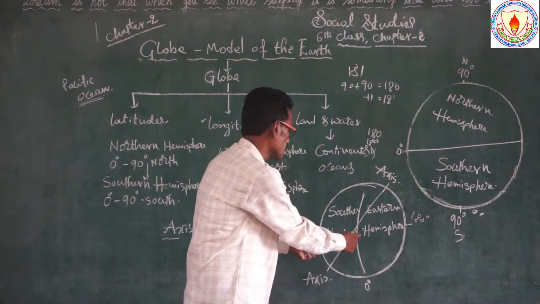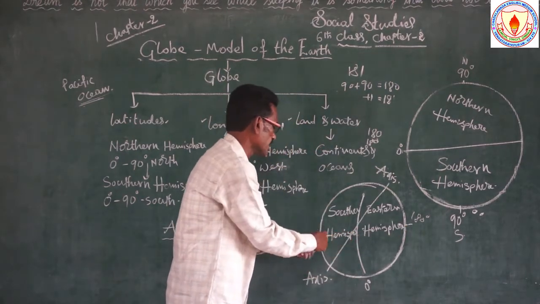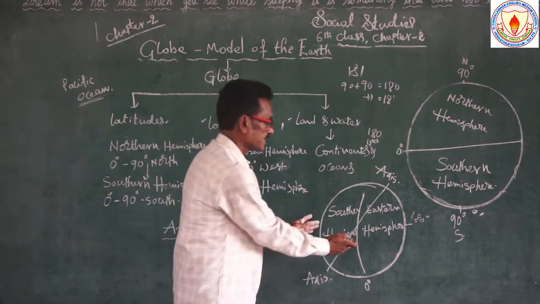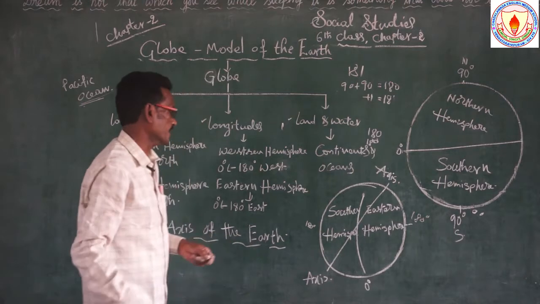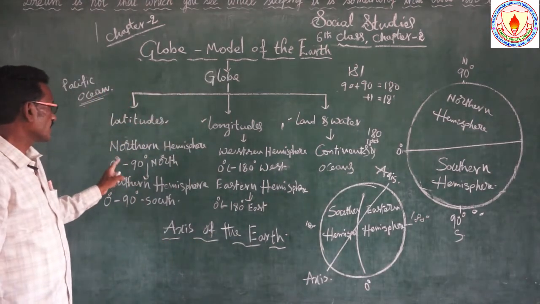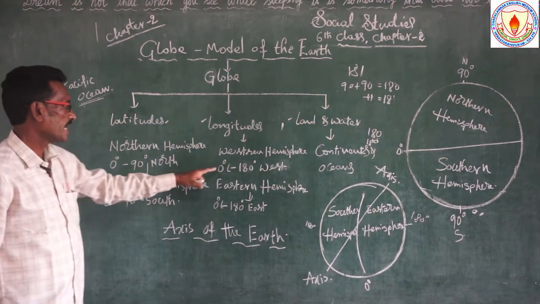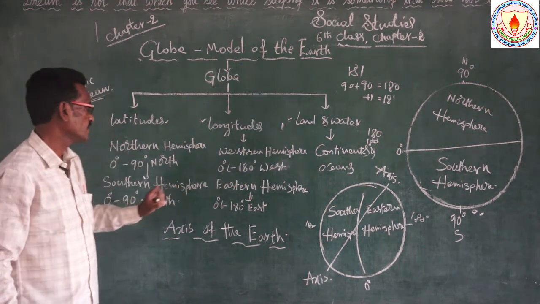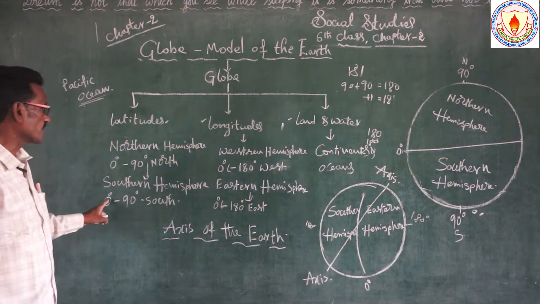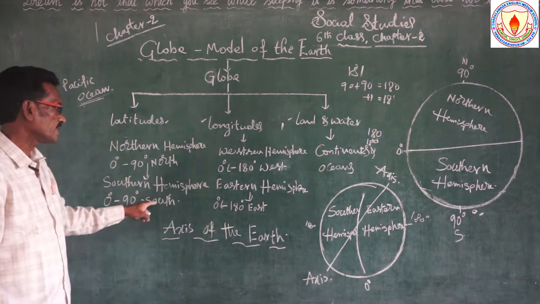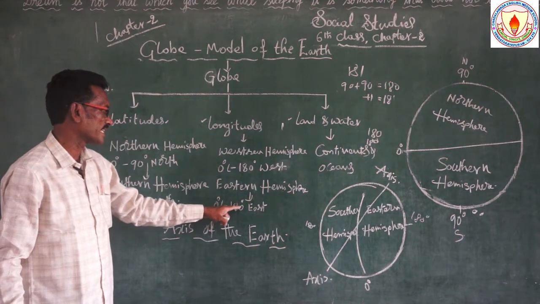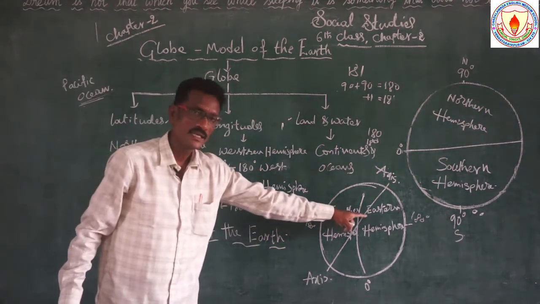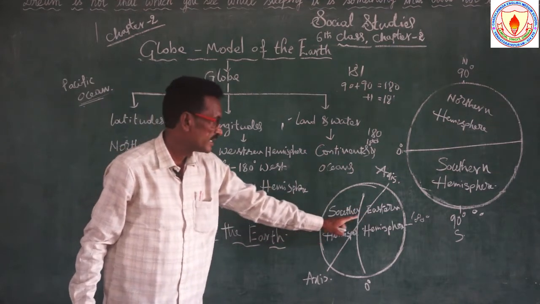From the 0 degrees longitude to 180 degrees west longitude, this part is called the western hemisphere. This is the eastern hemisphere, and this is the western hemisphere.